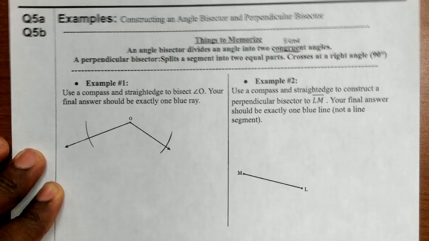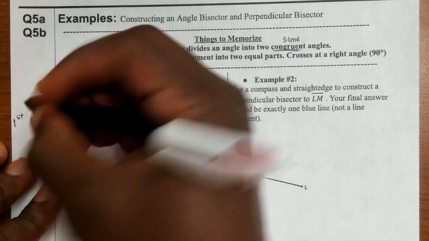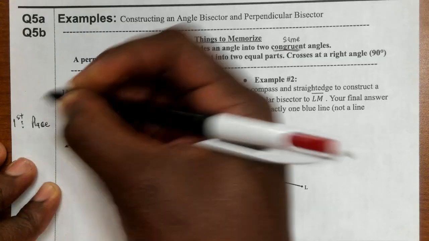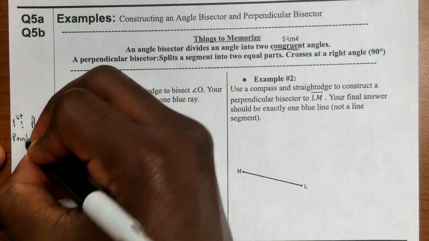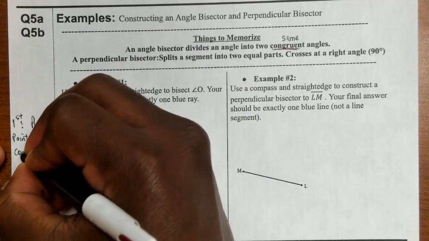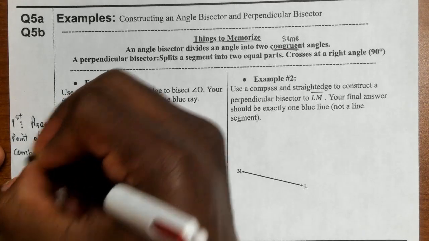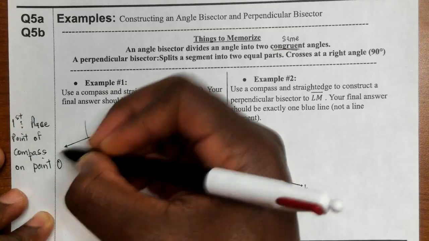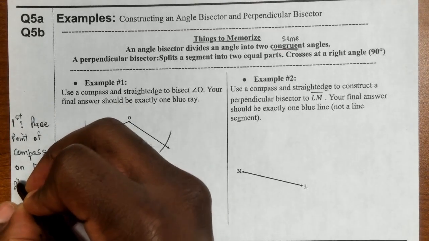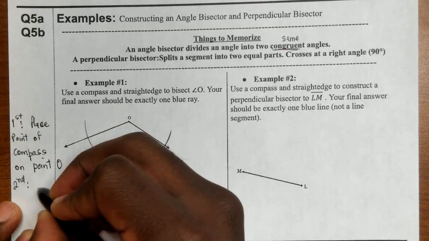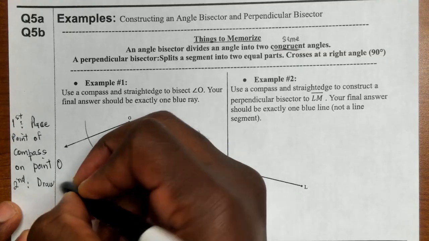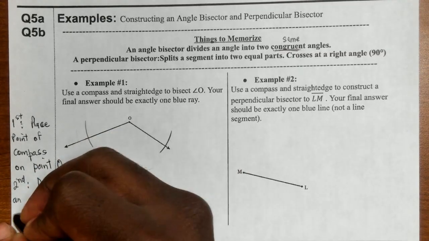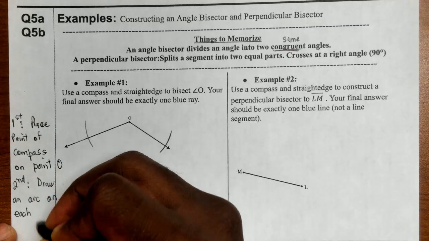So let's try what we're going to do. First, place the point of the compass on point O. Second, draw an arch on each line.